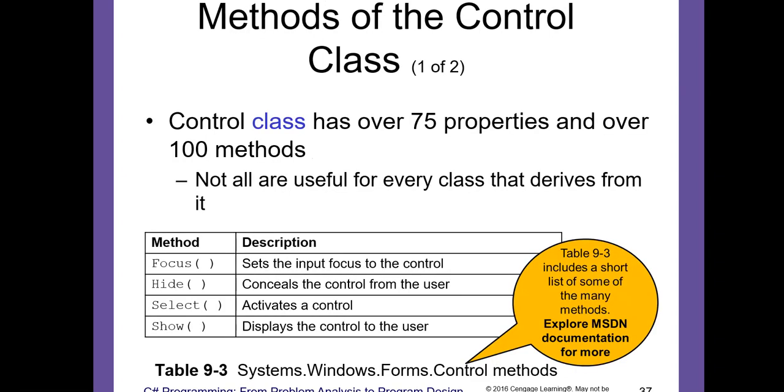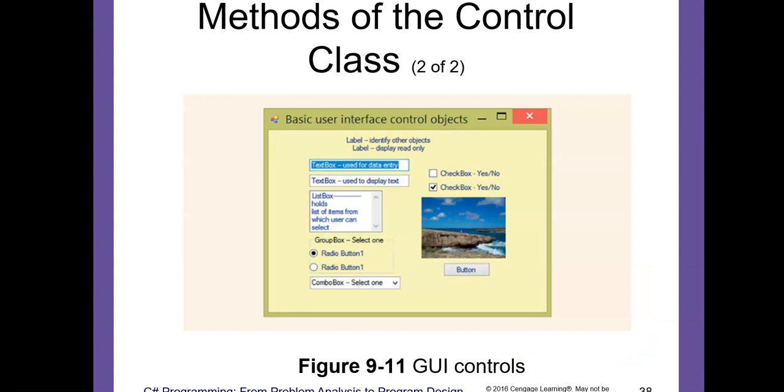For example, focus sets input focus to the control. Hide conceals the controller from the users. Show activates the controller and displays it. For example, we can do something like that. This is all the controllers here, as you see.